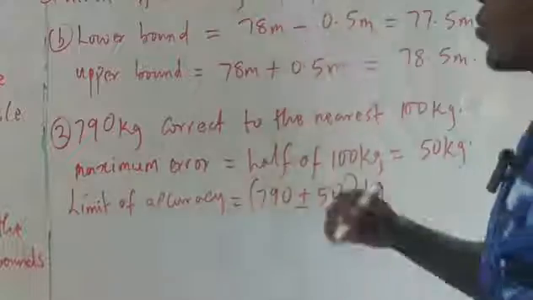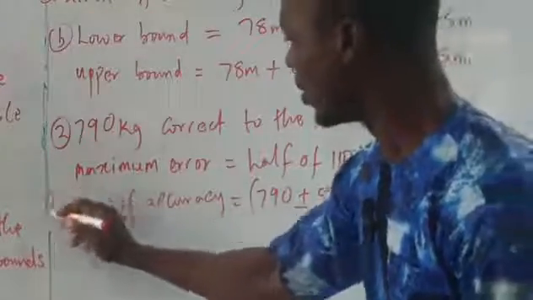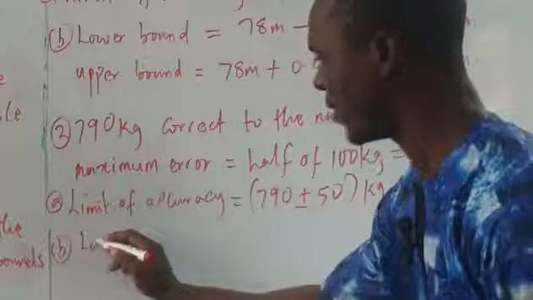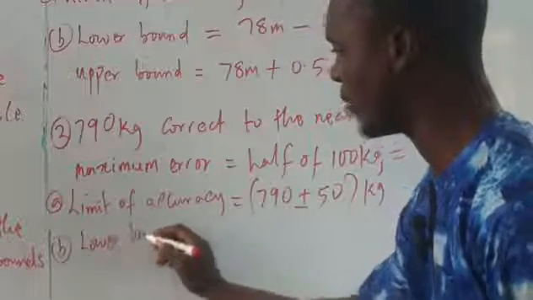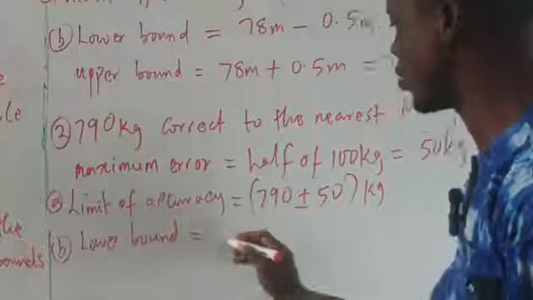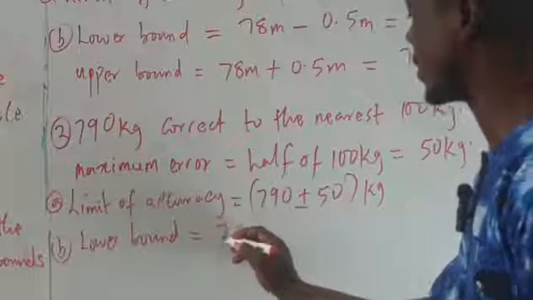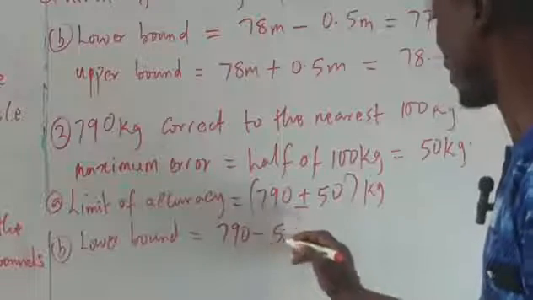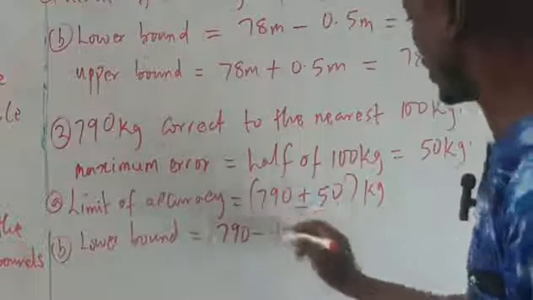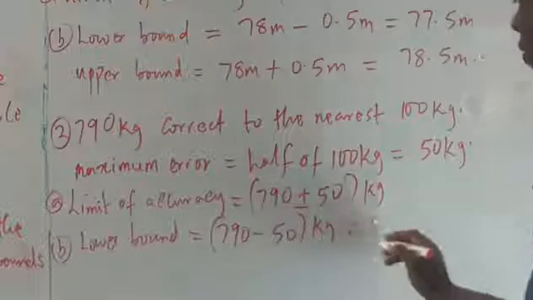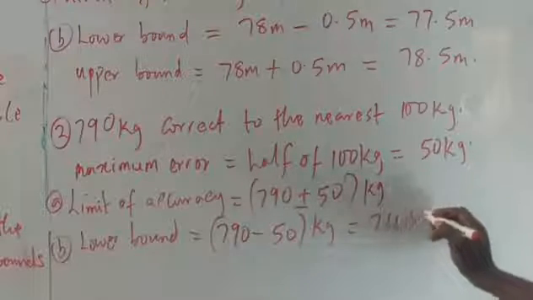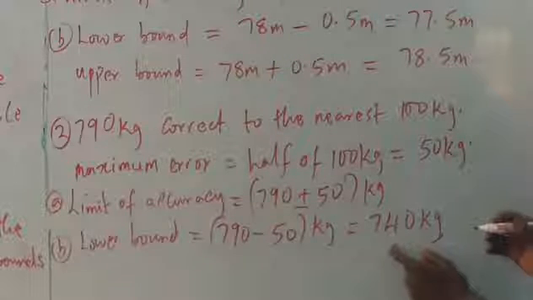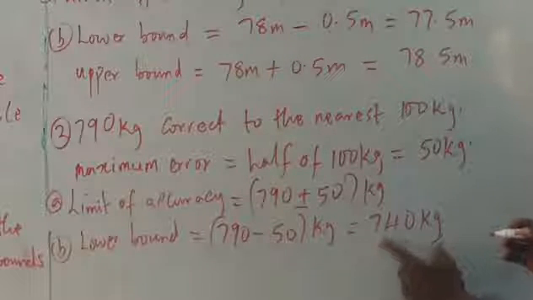The next thing is question B, that is the upper band and the lower band. The lower band will be equal to 790 minus 50, in kg. So we have 740 kg. That is the least value we can get.